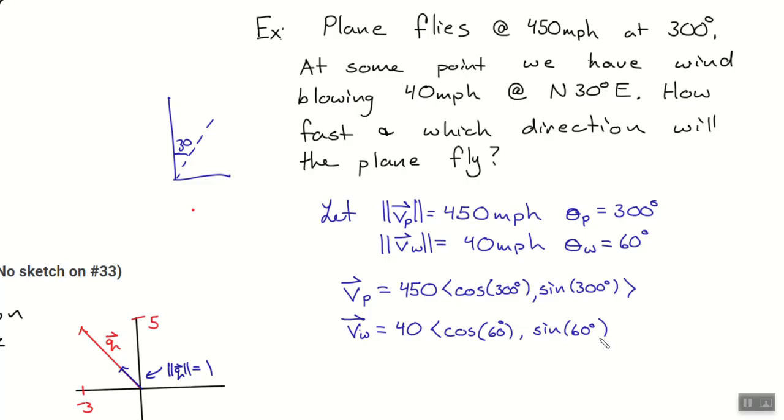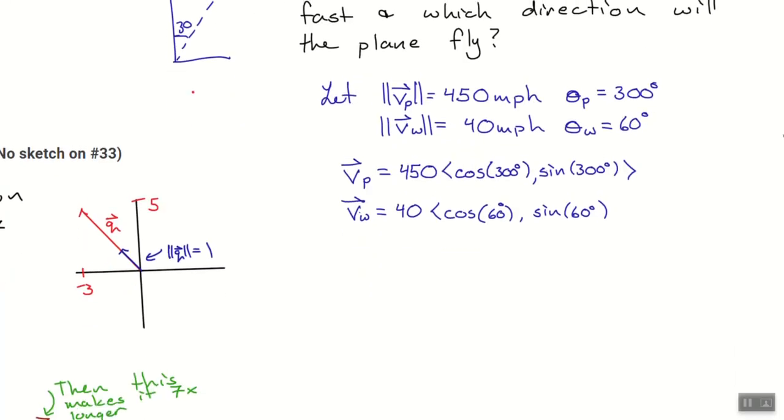You add them. Now, if we wanted to do it all out, we could, and I think we should. The final, or the resultant, is what I'm going to call this. We simply take VP that we've already found, and what are we going to add to it? Good. VW.